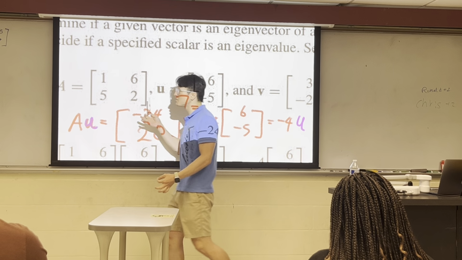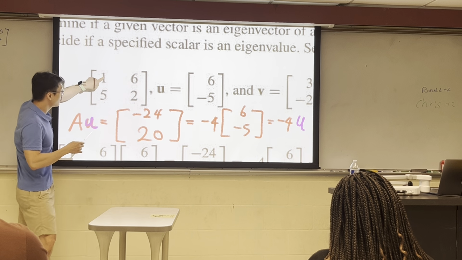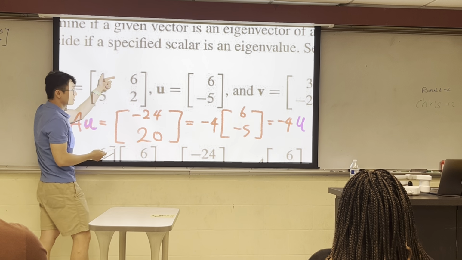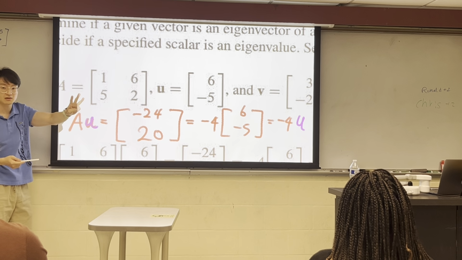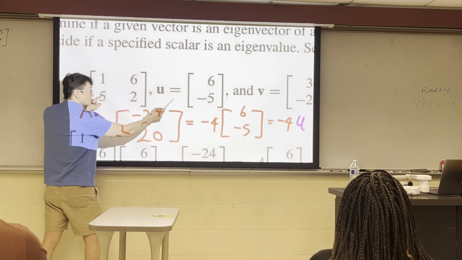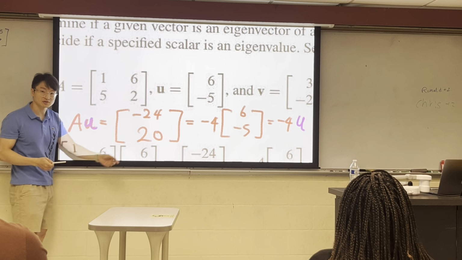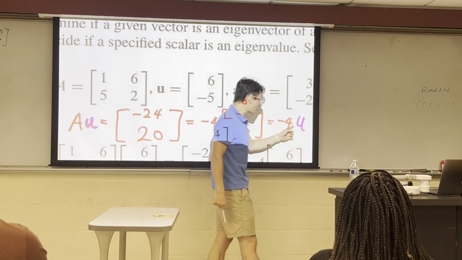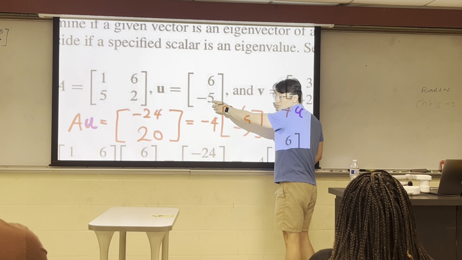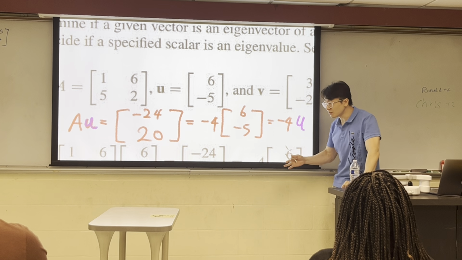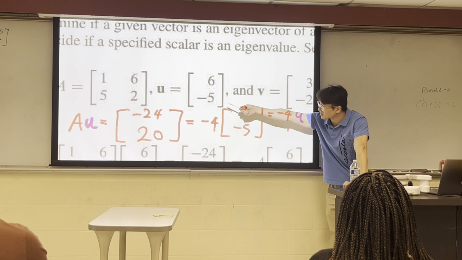Let's count how many operations we need for this. Multiplication 1, 2, addition. So 3 operations, right? For this entry. How about this? 1, 2, and plus 3. So total 6 operations. So this one, -4 times the vector, 1, 2. So if you have a really gigantic matrix, then it is a lot more efficient to just use the eigenvector and eigenvalue.